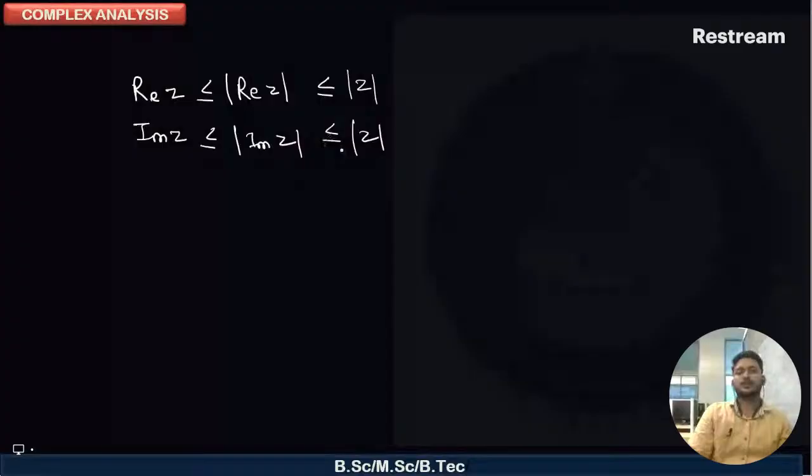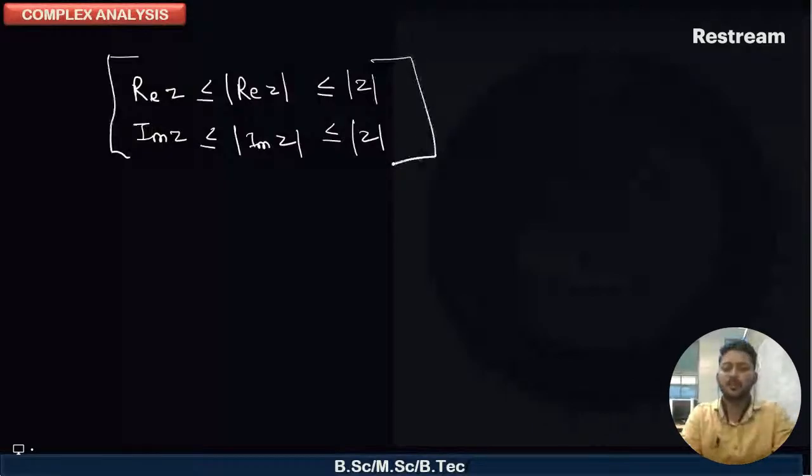So mod z is greater than or equal to these, and you write the real part using this type of notation.